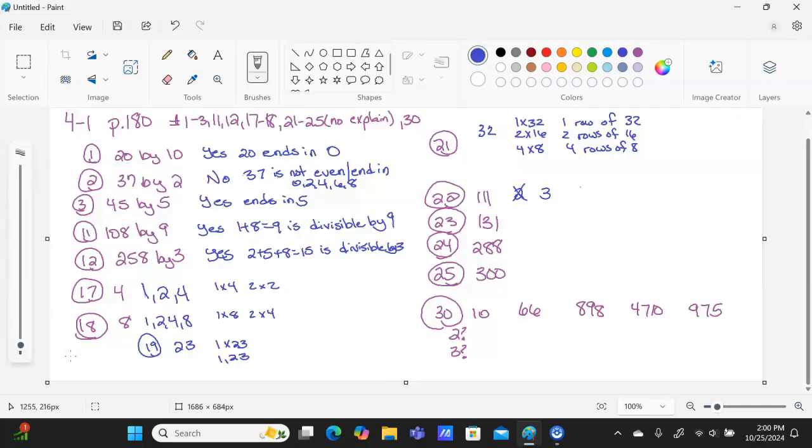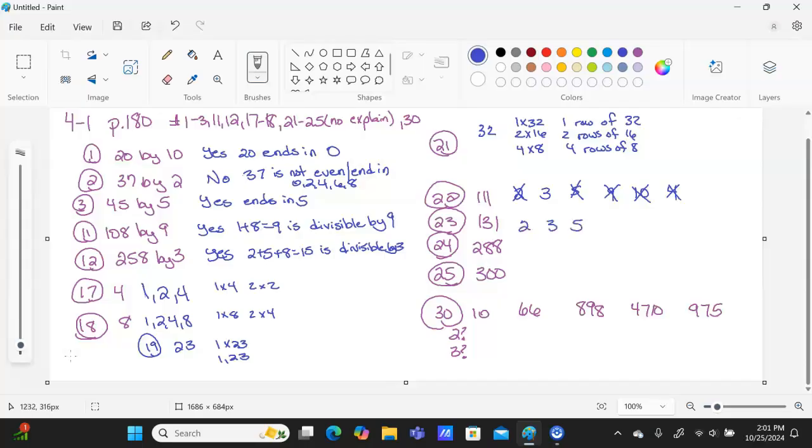Is it divisible by 5? No, it doesn't end in 5 or 0. Is it divisible by 9? 1 plus 1 plus 1 is 3, but 3 is not divisible by 9, and it's not divisible by 10. Is it divisible by 4? Check the last 2 digits. They're not divisible by 4, so no, it's not divisible by 4.